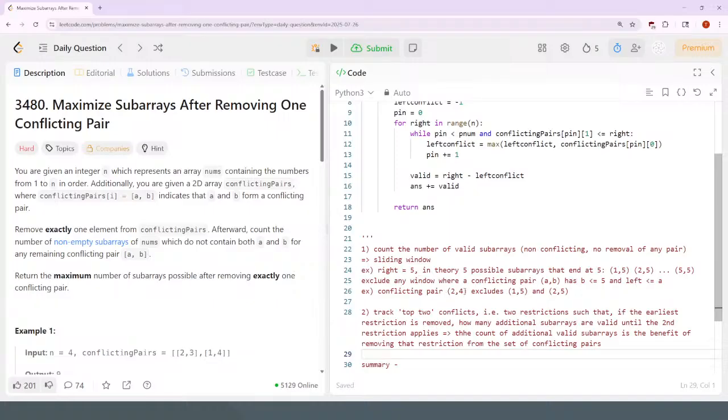So if you remove the 2, 4, it maybe makes valid 3, 5, 2, 5, but then the 1, 3 would prevent having a 1, 5. So the benefit of removing 2, 4 would be the additional 2, 5 as a possible subarray.